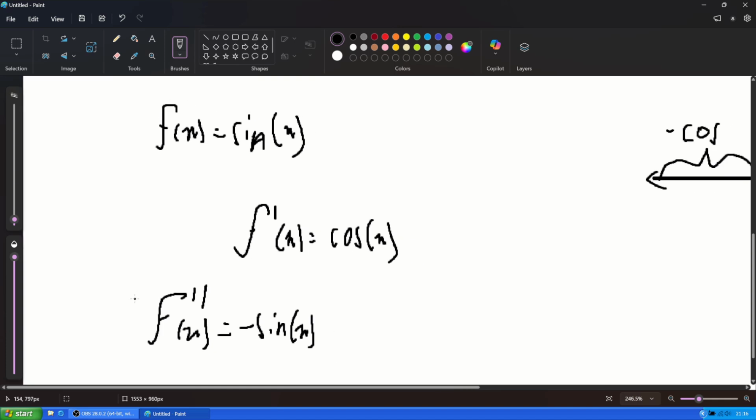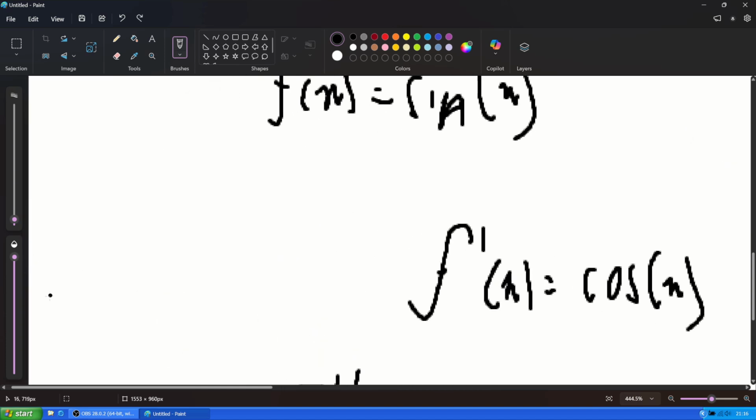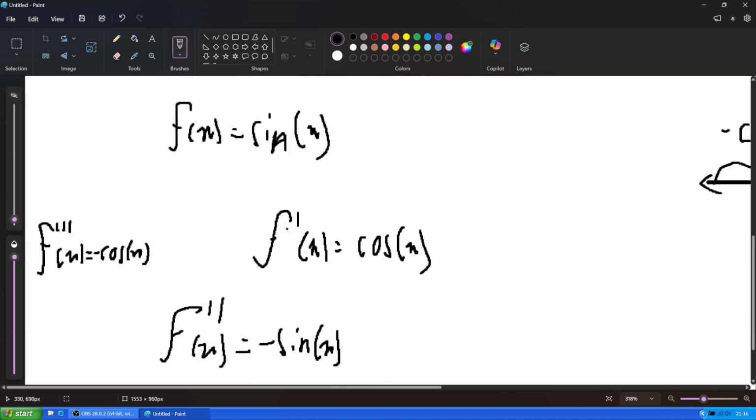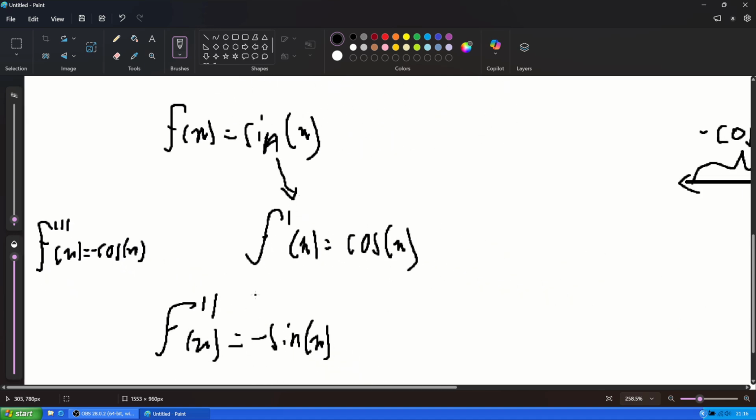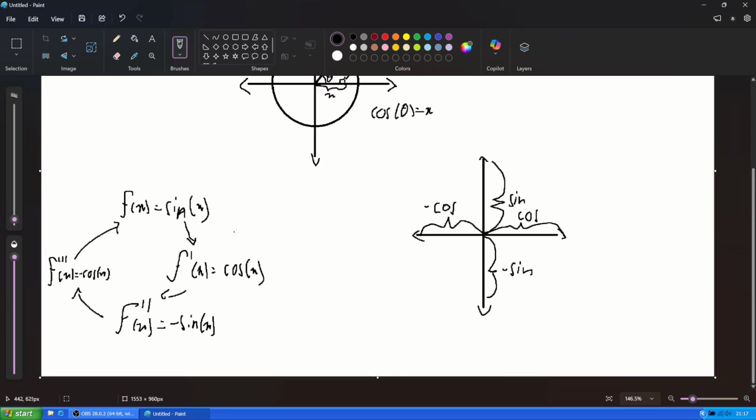And the derivative of that is equal to negative cosine x. Do you see the coincidence now? This can't just be a coincidence, right?